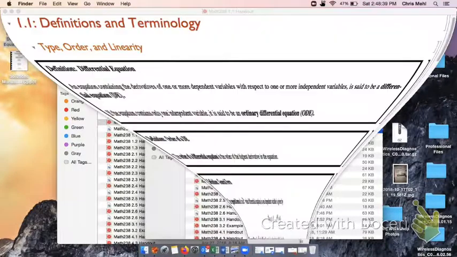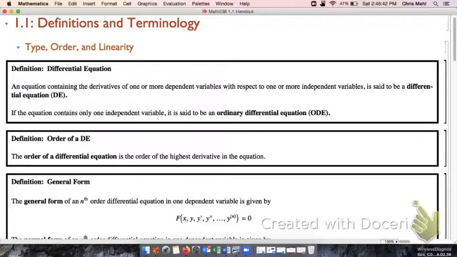Okay, so let's get into this. What this course is all about is, say you don't know a function of a single variable, and say you don't necessarily know that function or any of its derivatives, but you do have some sort of relationship between the original function and its derivatives.